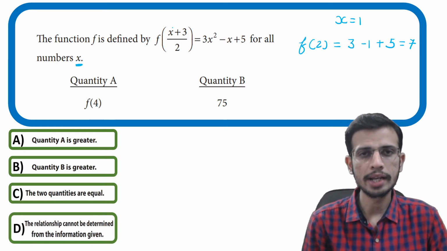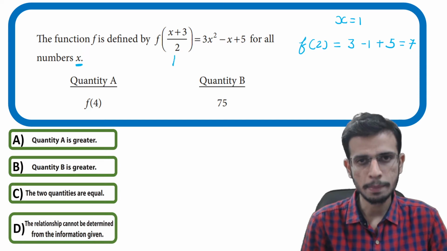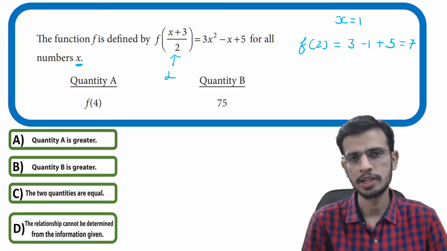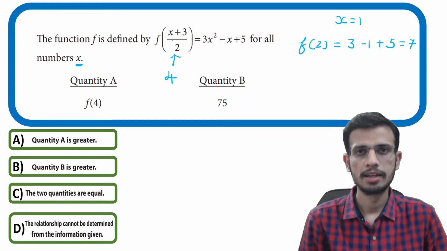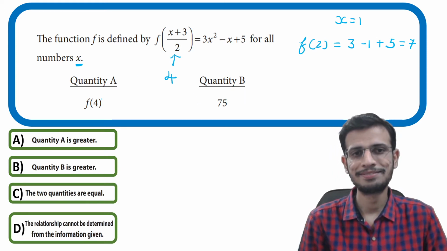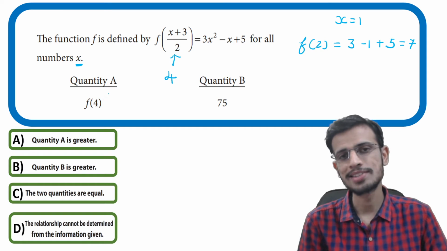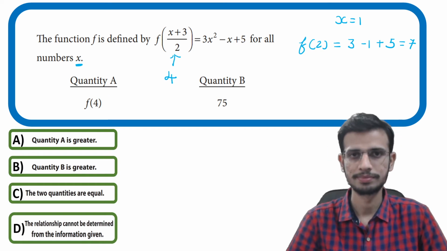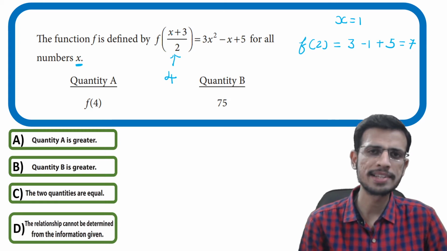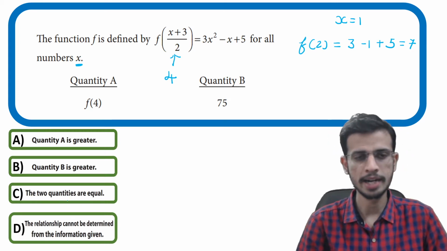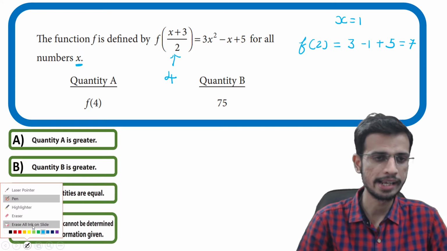We want 4 in place of (x plus 3) divided by 2. Then what value of x should we put? We want the value of the function at 4. So in place of x, can we put 5? Let me help you.